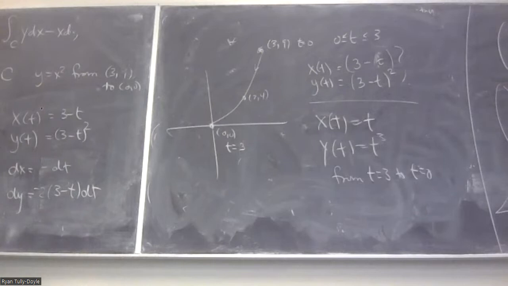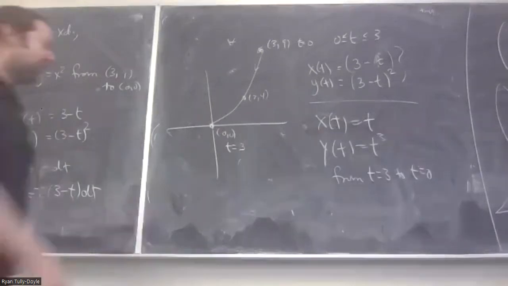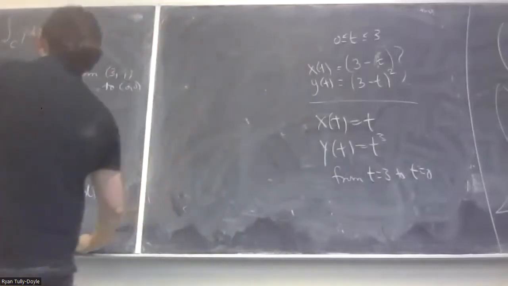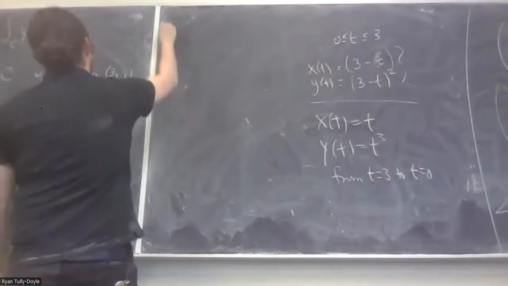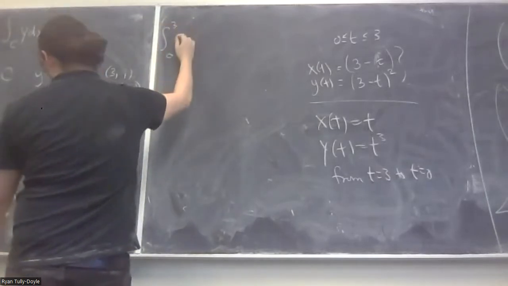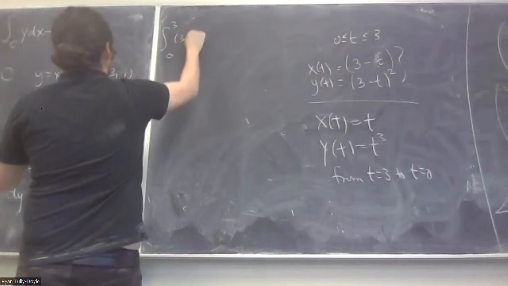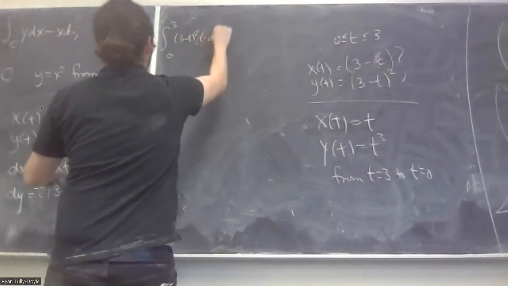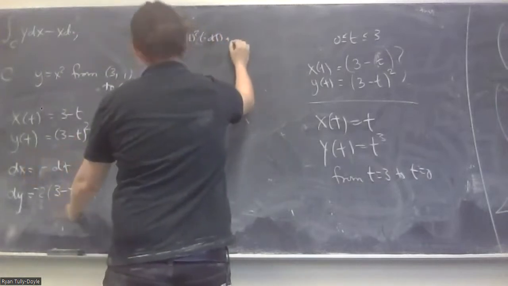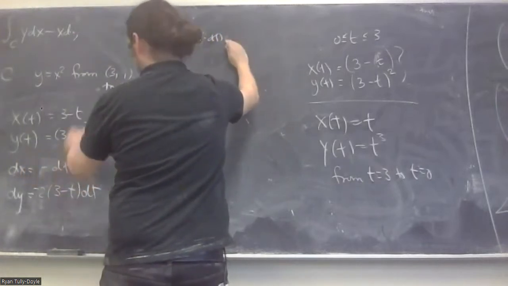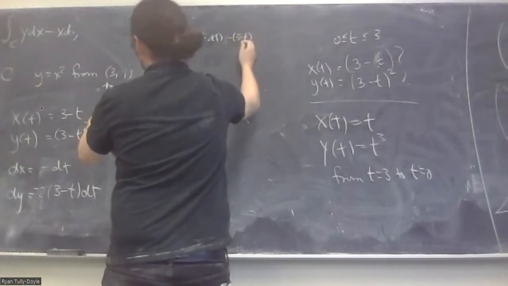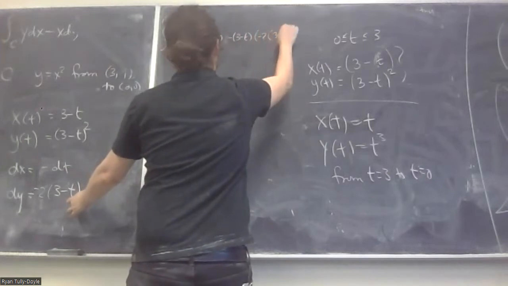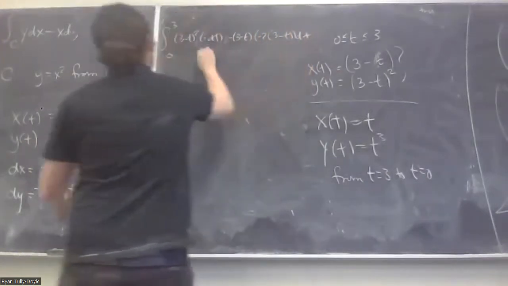This is the going-through-the-motions part of a problem. All the fun part is cooking up the parameterizations and whatnot. Anyway, after you have this, it just turns into the integral from 0 to 3 of y, which was 3 minus t squared, times dx, which was minus dt, plus minus x, so minus 3 minus t, times dy, which was minus 2 times 3 minus t dt, and then it's boring.